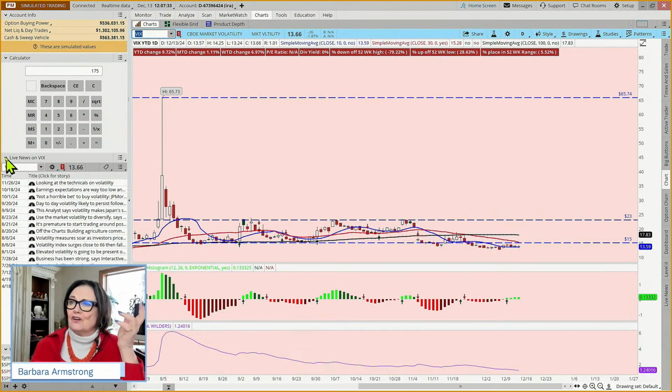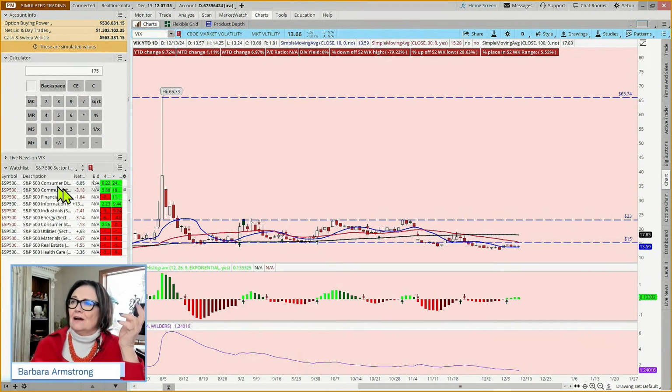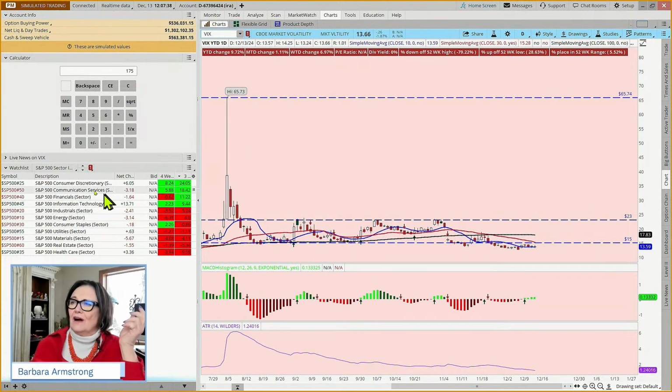And then when we look at which sectors have been strongest, if we come down here, and I've done a mini session on how to customize this if you aren't familiar with how to customize a watch list, we've got consumer discretionary over the last 3 months leading the pack, followed by communications, financials, and technology.